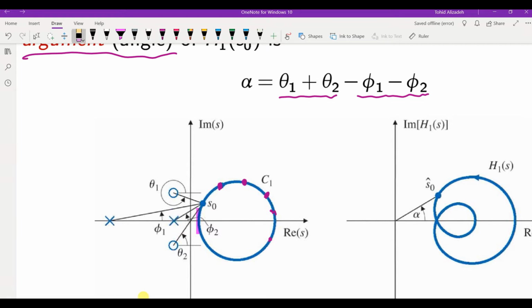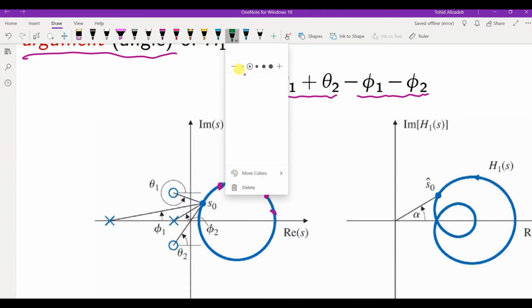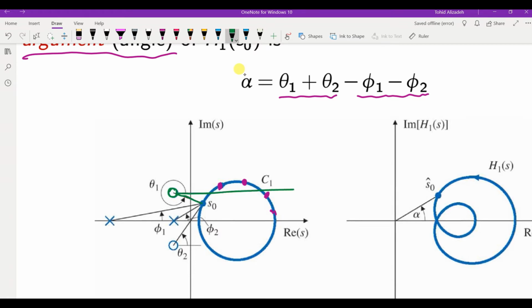Okay, my laptop responds with a delay to my actions. Sorry for that, but nevertheless, you can see the angles over here. So we have two zeros. For the first zero, which is here, we connect it to the point S0. We have a straight line towards plus infinity, and the angle here is θ1.